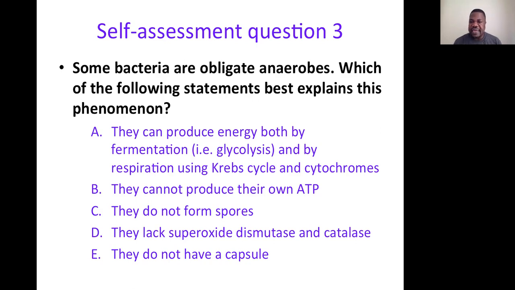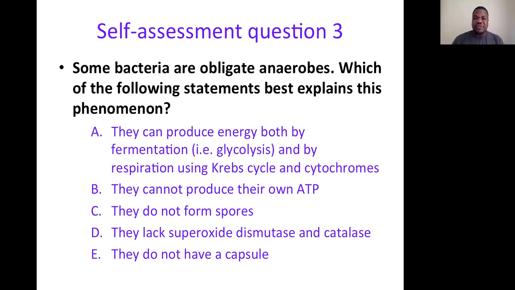A, they can produce energy both by fermentation and by respiration using the Krebs cycle. No, obligate anaerobes don't use the Krebs cycle, because they cannot accept oxygen as the last electron acceptor. So that does not describe them.